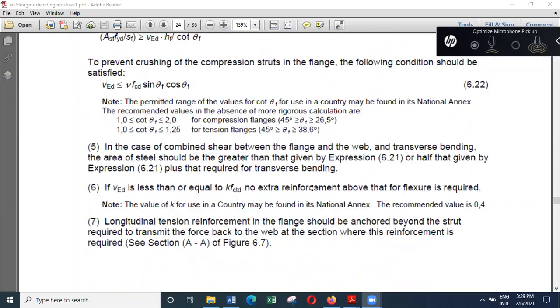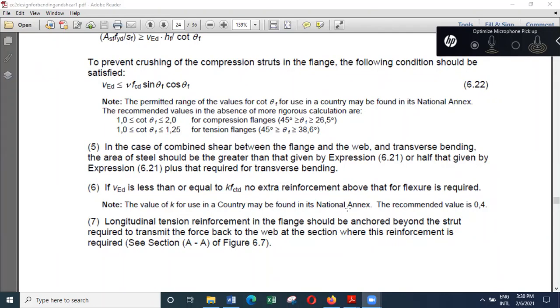Then we also need to know how to decide whether this reinforcement is needed or not, whether we have to design the reinforcement or not. And that is decided by this equation. If VED is less than or equal to K times FCTD, no extra reinforcement is needed.